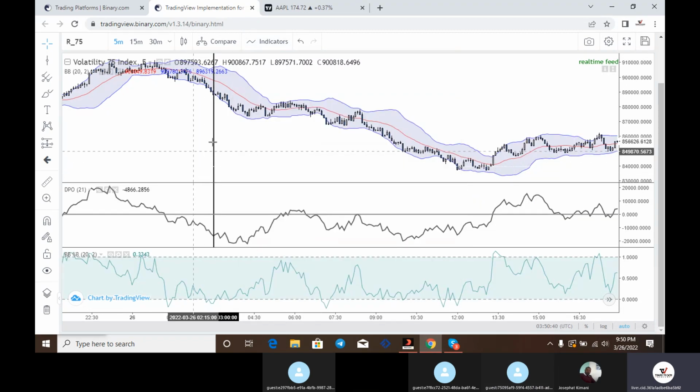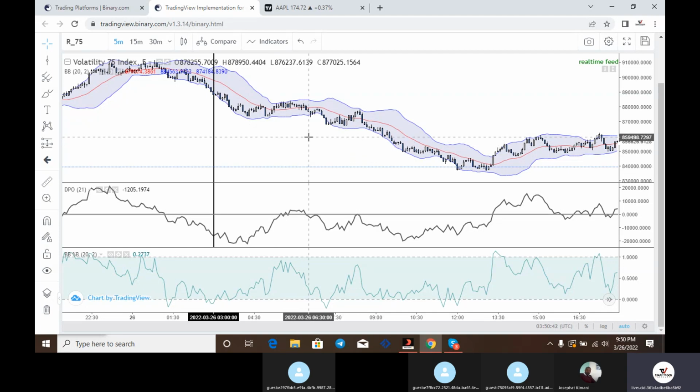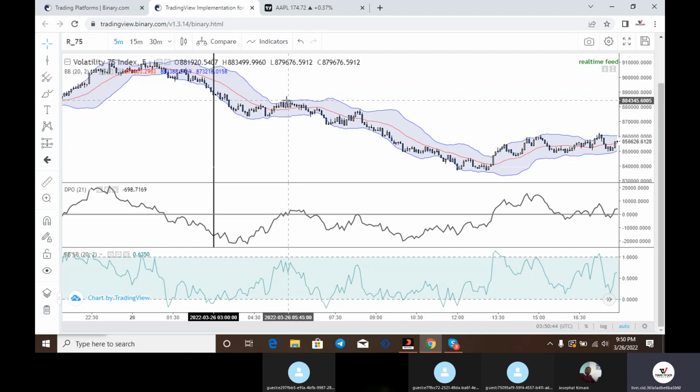Good. Now, all you have to do is wait for price to get to the top Bollinger Band and then wait for a breakout to happen towards the downside for you to take a sell entry. Now, let me explain what I mean.